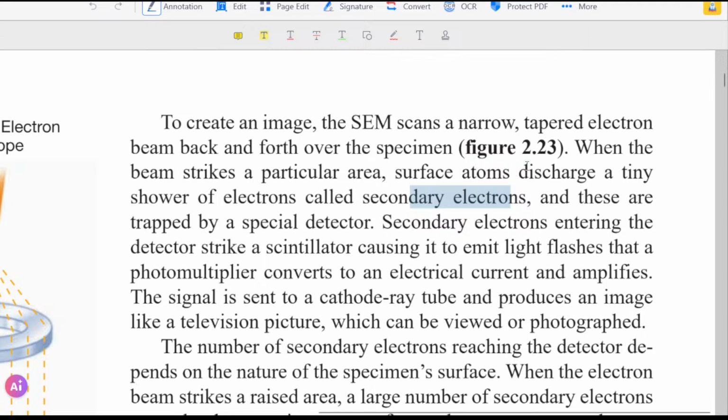They are saying when an electron strikes an area, the surface atoms, your atoms, discharge a tiny shower of electrons because every atom has the electron. Every atom has it, right? The orbitals, it has electrons, whether less or large in quantity.